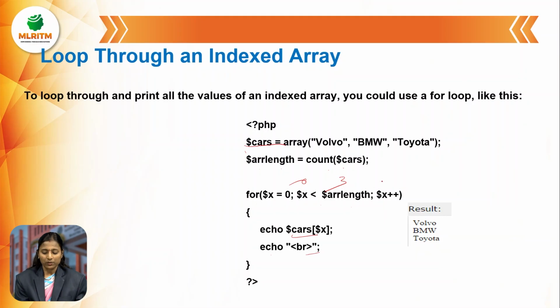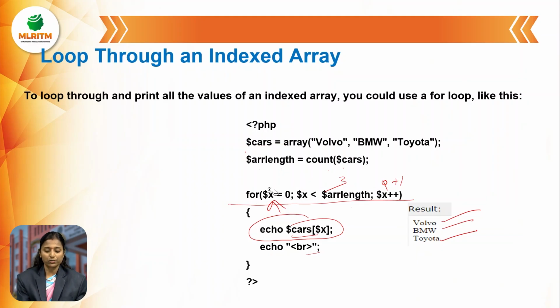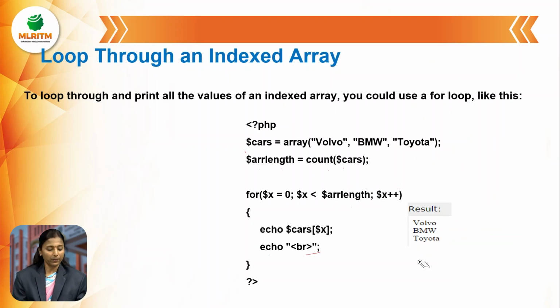Then again 0 plus 1. Then 1 is less than 3. Then Volvo will be printed. Then next 1 plus 1, 2. Then BMW will be printed. Then next 2 plus 1, 3. Then Toyota will be printed. This echo $cars[$x] is used to print for this $x. Okay, in this format, the loop by using the for loop, taking the array length. Taking the array length, it will be used to print those conditions. Okay, in this format, the loop conditions can be taken.